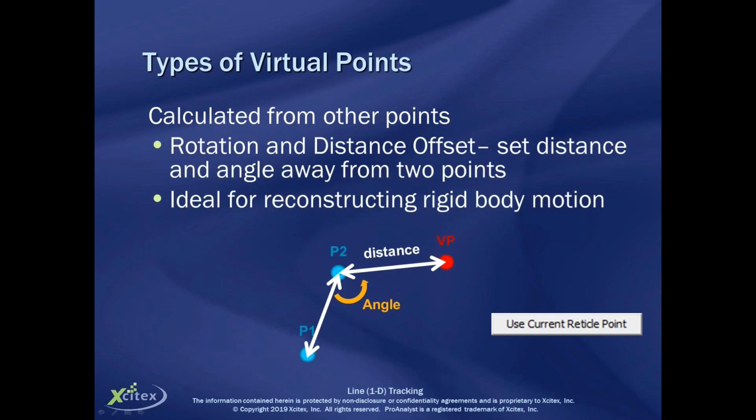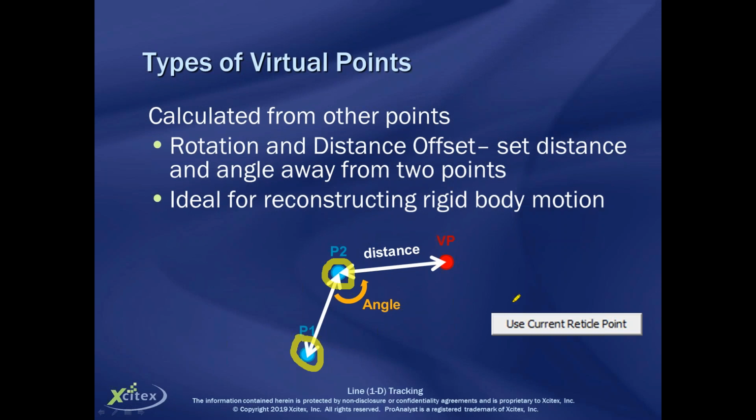Another excellent tool when we're dealing with rigid body is the rotation and distance offset. Now this is different than the previous example in that there are 2 points here. And so these 2 points exist along a rigid plane, and these 2 points can rotate relative to one another.